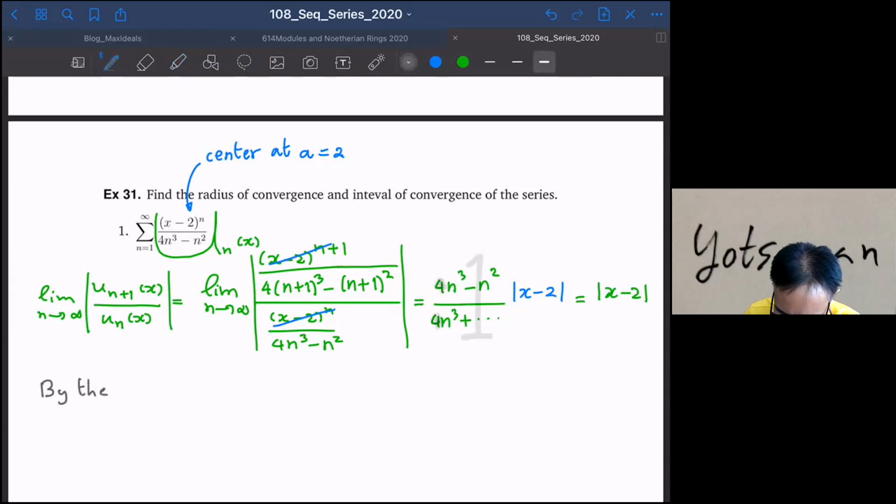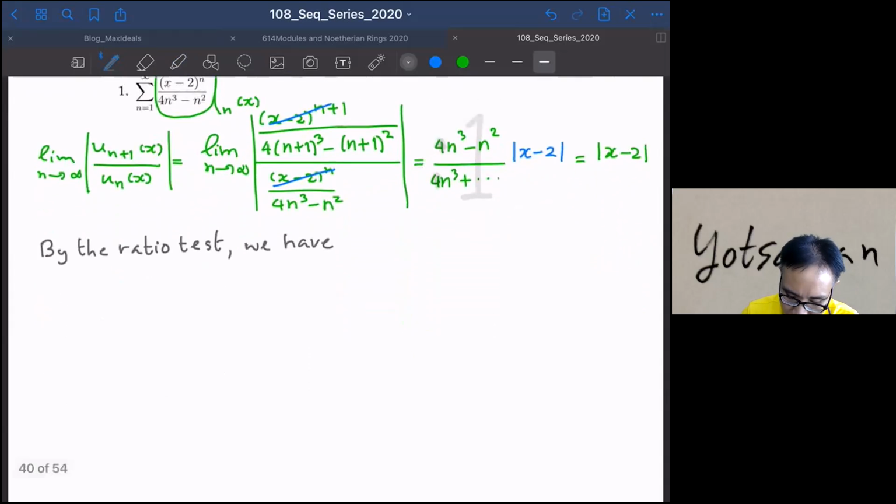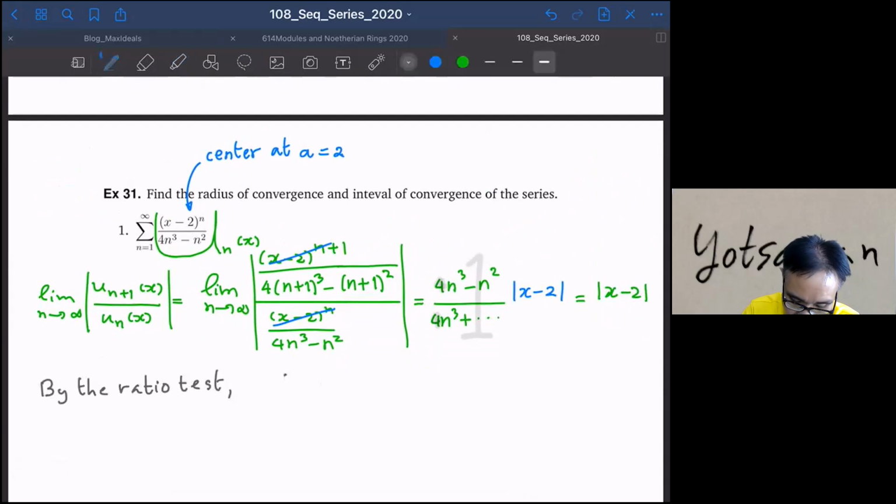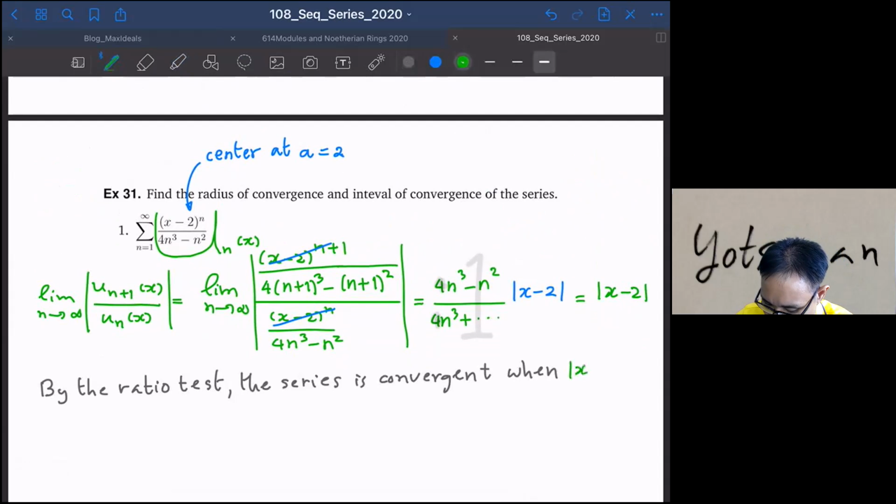By the ratio test, the series is convergent when the absolute value of x minus 2 that you have here is smaller than 1.